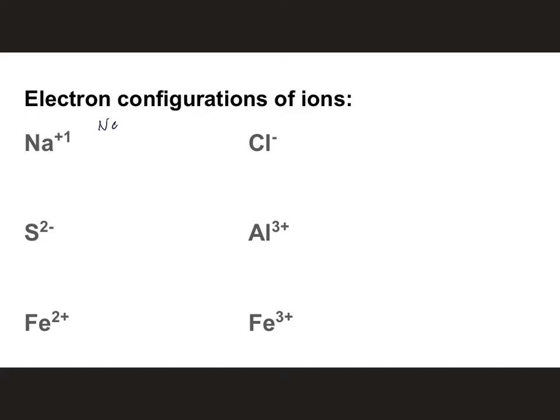Sodium, the atom, has 11 electrons. Okay? And would have a configuration of 1s2, 2s2, 2p6, 3s1.